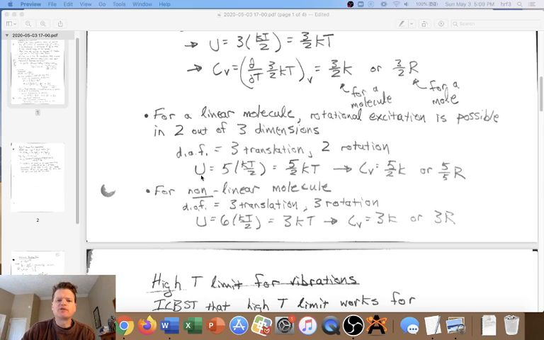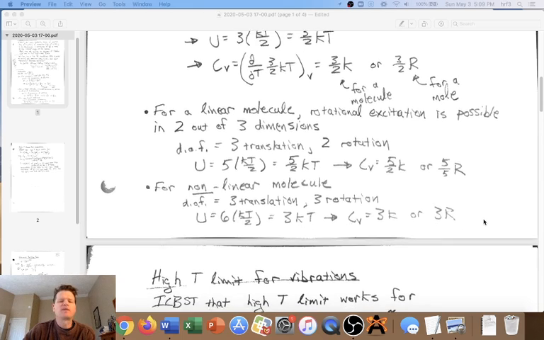So then just from translations and rotations, you have 5 degrees of freedom times kT over 2, so 5 halves kT, so the CV would be 5 halves k for a molecule, or 5 halves R. For a nonlinear molecule, now you can have rotation in the 3rd dimension, so your U is 3 kT and your CV is 3k, or 3R.